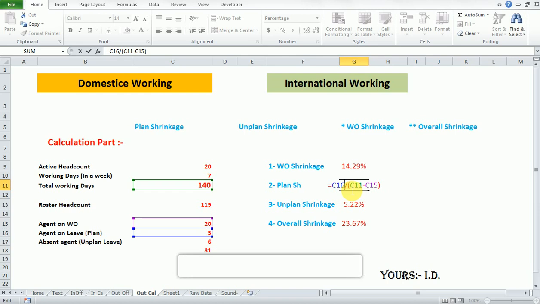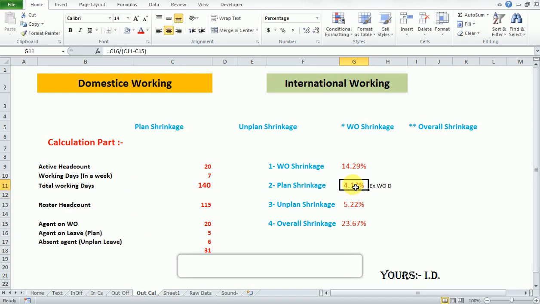We will not deduct the agent count who are absent, because we are considering them in the roster. So planned leaves divided by total working days minus BCOPs, that is planned shrinkage.